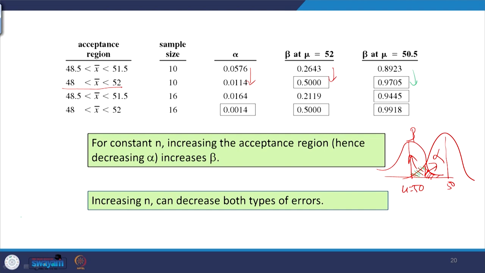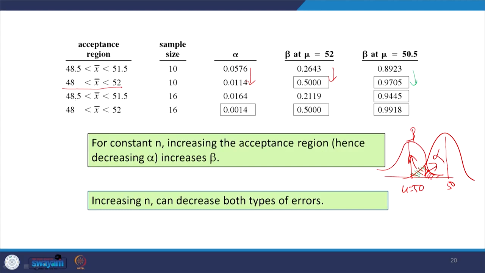Now, we will look at another point. Suppose you increase the sample size and keep the acceptance region as it is, from 10 to 16. You see here 48.5, 51.5, sample size is 10, alpha is 0.05.